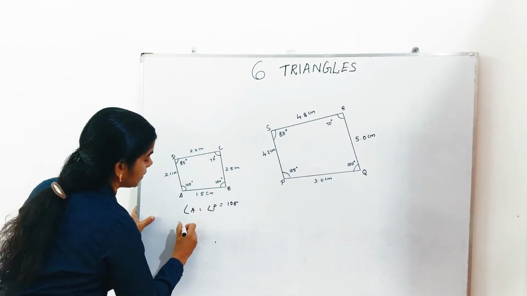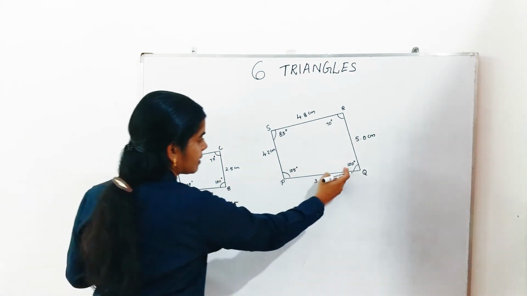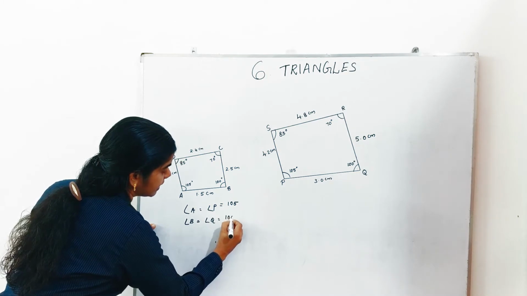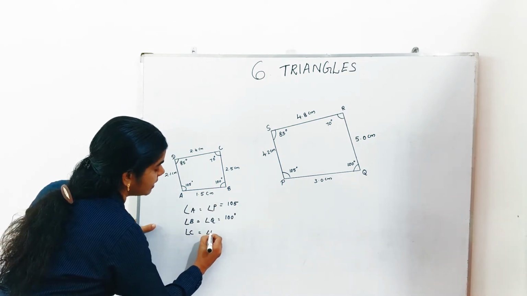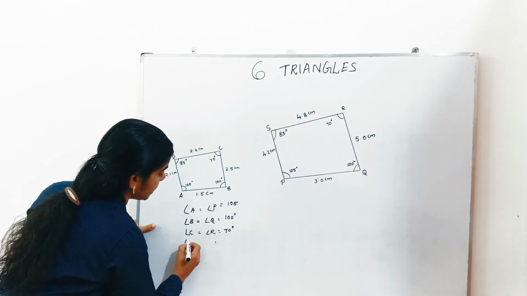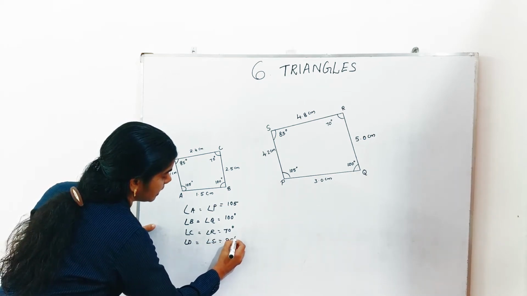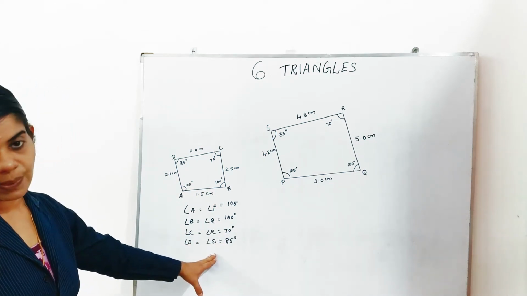Next, angle B is equal to 100, and the corresponding angle Q is equal to 100 degrees. Next, angle C equals angle R equals 70 degrees. Angle D equals angle S equals 85 degrees. So all the corresponding angles are equal.